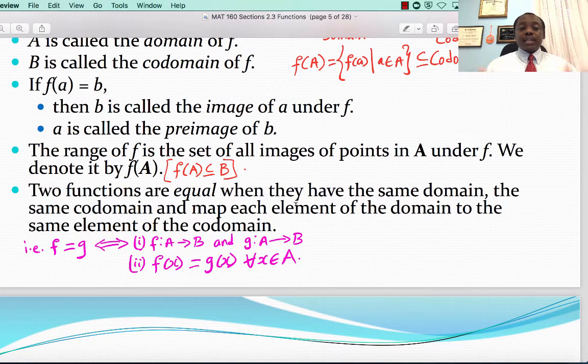Two functions are equal if and only if, number one, they have the same domain and codomain, and number two, they agree at every point in their domain, i.e., f of x equals g of x for every x in A. So two functions are equal if and only if they have the same domain and codomain and they agree at every point in their domain. Otherwise, the two functions are not equal.